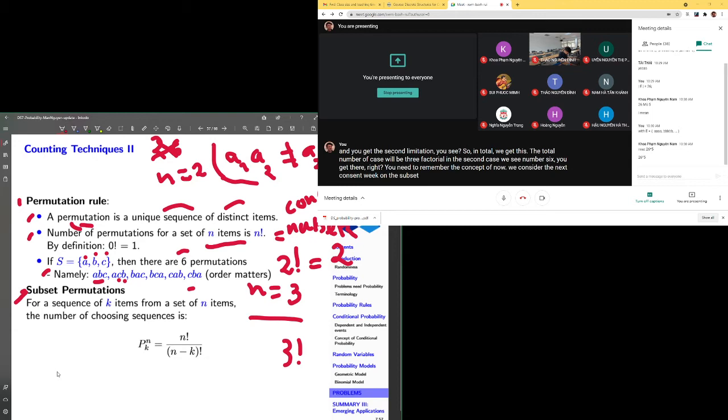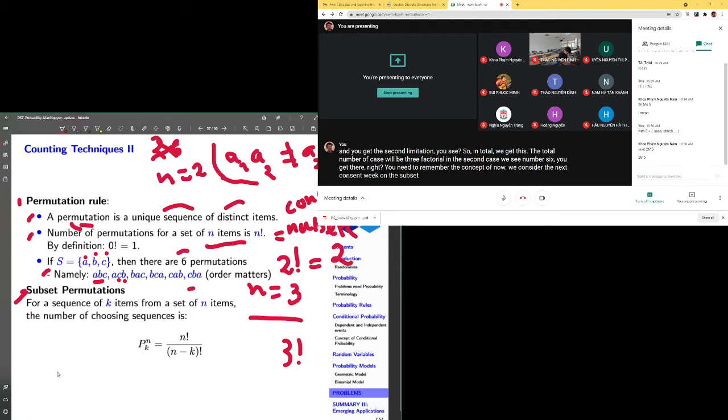But otherwise, if k actually has real meaning, that means when small k is probably smaller, then this one and that one are different. See?